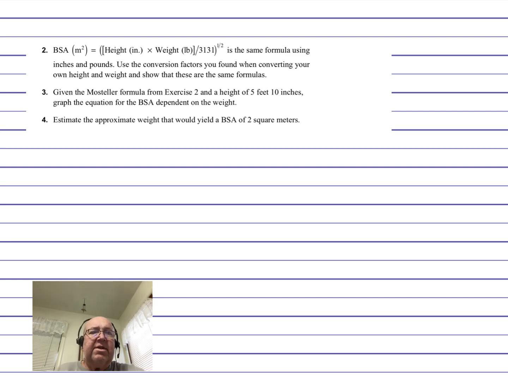Here you would want to convert the BSA into a Y. You would want to convert your formula, your given height, so you want your weight to be an X when you do the formula, and you could put that in to give you a graph, and then you can sketch the graph. And then finally, using that graph, you can estimate the approximate weight that would yield a BSA of 2 square meters, so you can look at the graph to try to find that out.